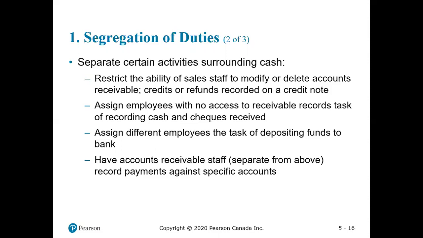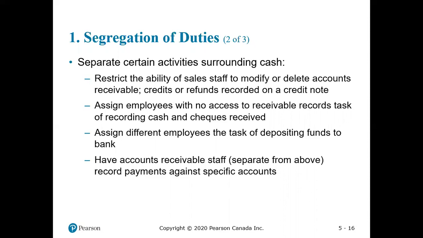For example, say a company has an accounts receivable amount due to them from a customer for $100. That customer comes in and pays the entire $100 in cash. An employee, let's call her Alice, collects the $100 payment.